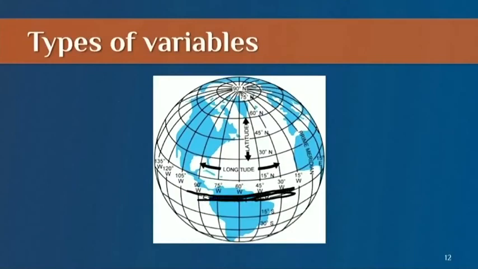The distance between 0 degrees latitude and, say, 30 degrees latitude is the same as the distance between 30 degrees latitude and 60 degrees latitude. So this distance is equal to this distance. That's the point of an interval variable, is the intervals between each unit are equal. So we call them equal interval variables.